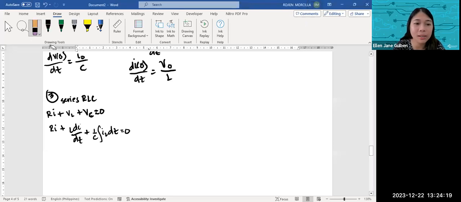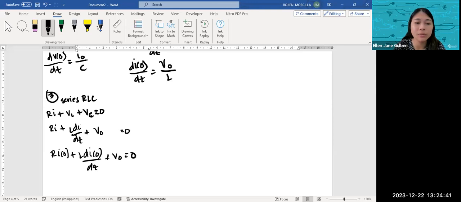Okay, so since this is an RLC circuit, we both have initial values, so VO. So we will have R IO plus L dIO dt plus VO equal to 0.